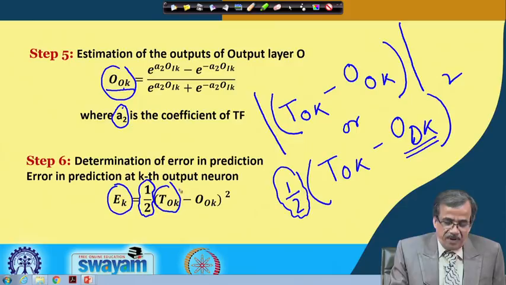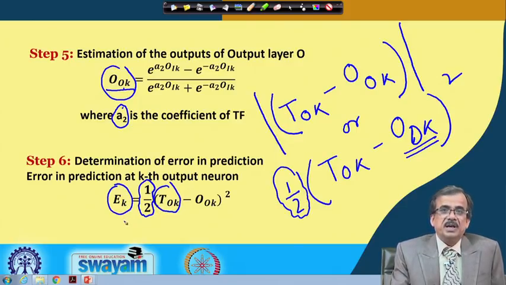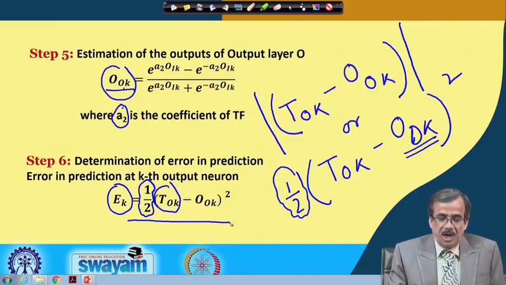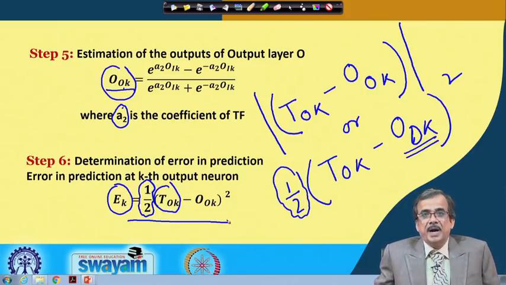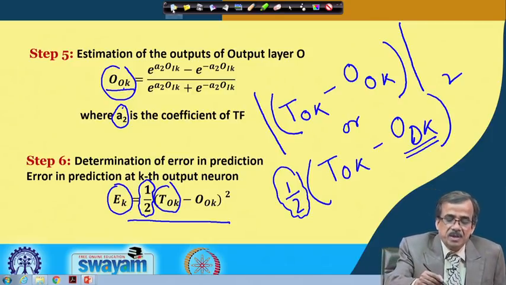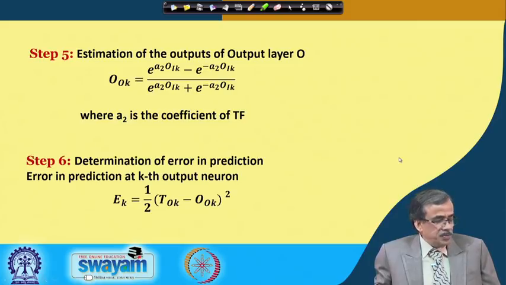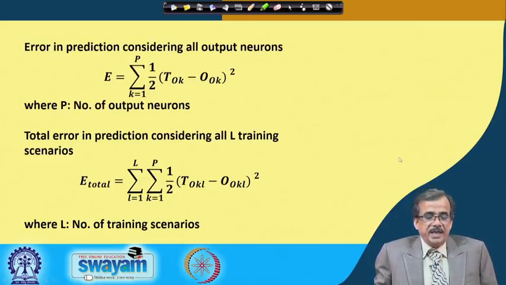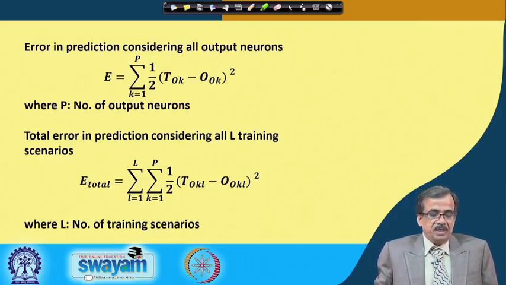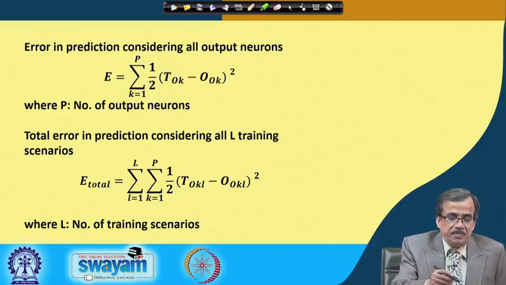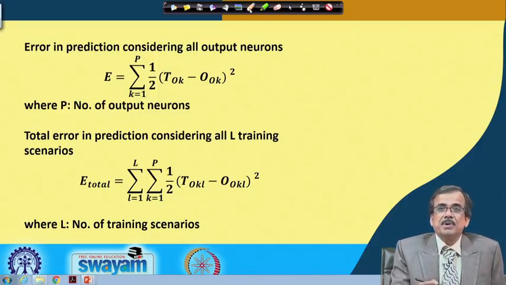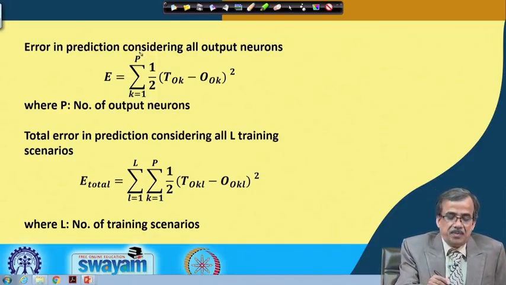So, we are able to find out what should be the error of the kth neuron lying on the output layer, and that is nothing but half (TOK minus OOK) squared. Now, in the output layer, we have got a large number of neurons, say P number of neurons.